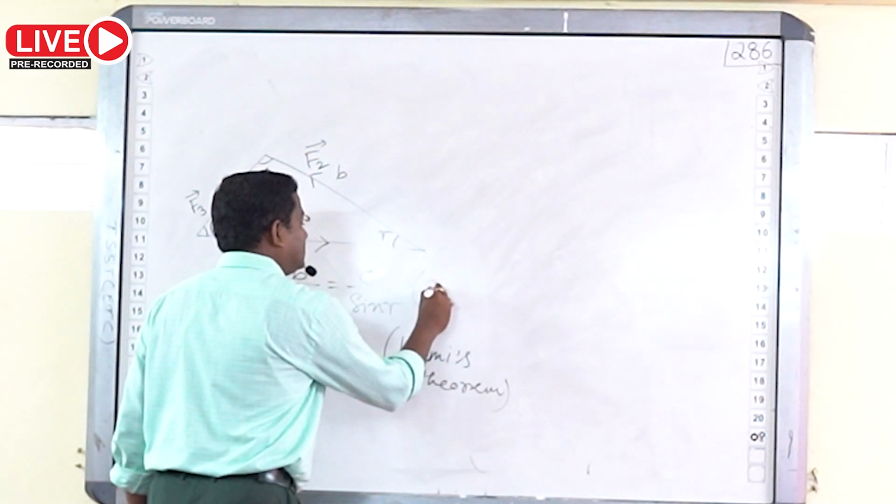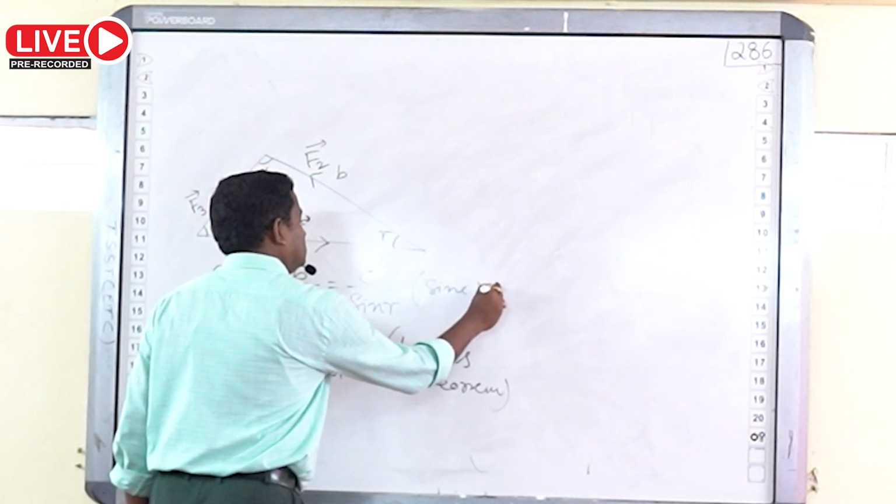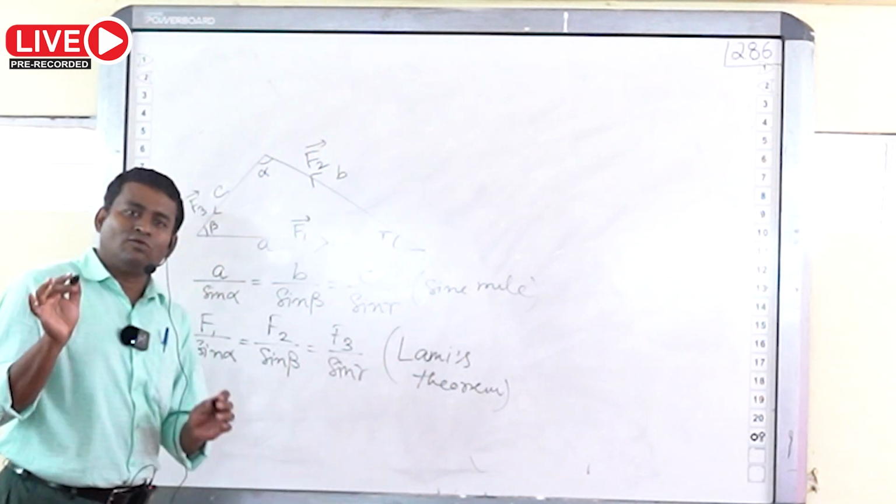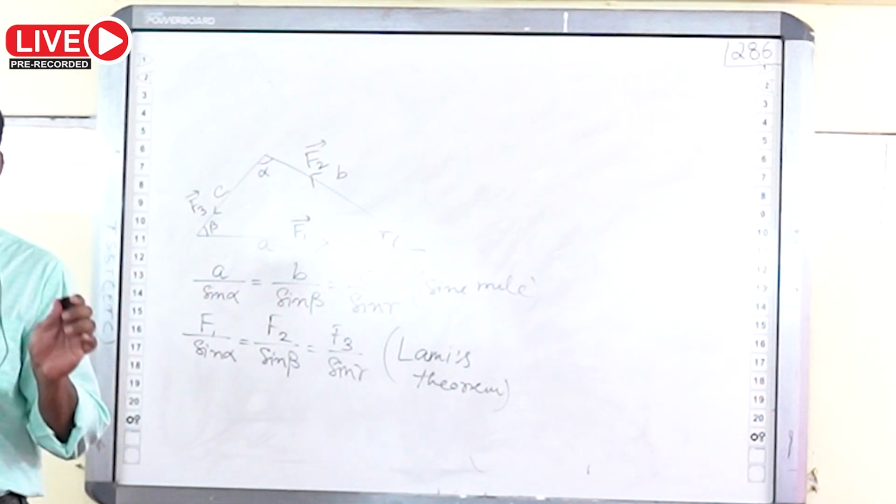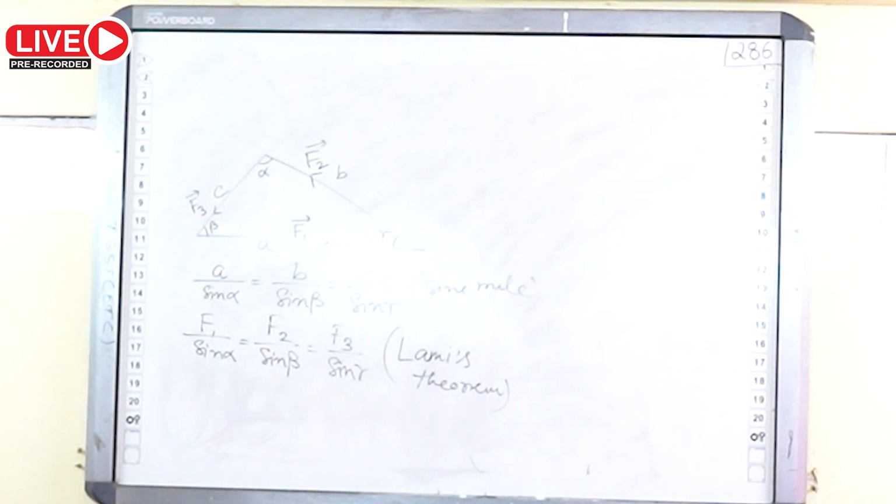And in trigonometry, it is simply called sine rule. So the sine rule and Lami's theorem are not different, same thing. Once it is represented in terms of the magnitude of vectors, and in trigonometry it is denoted in terms of the length of a side.